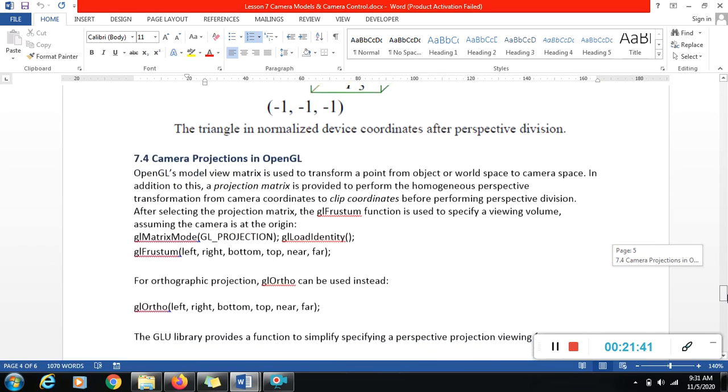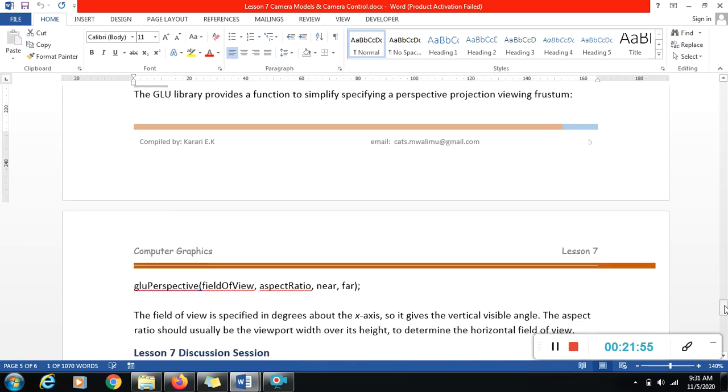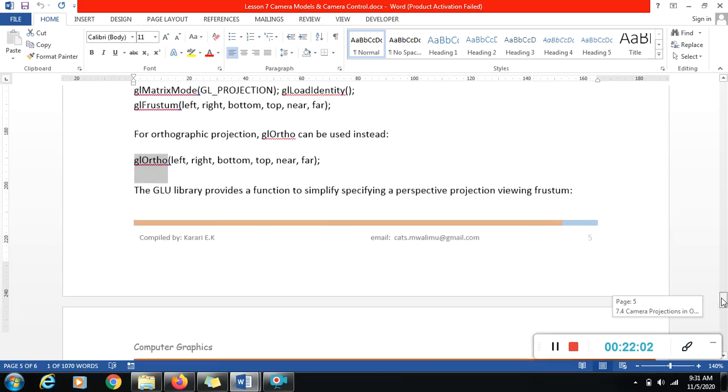These computations are supported by OpenGL, and you have seen the functions which are involved: glMatrixMode, glFrustum. This glFrustum we have seen can be replaced by glOrtho, which can still be replaced by gluPerspective by using the field of view and the aspect ratio.